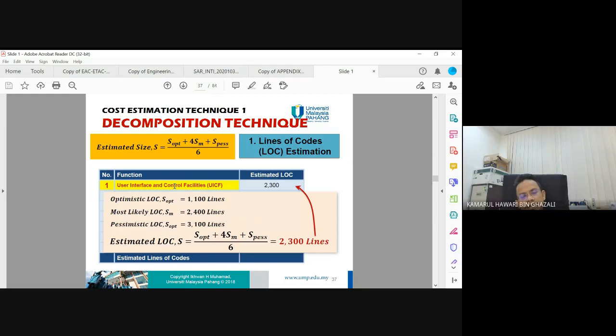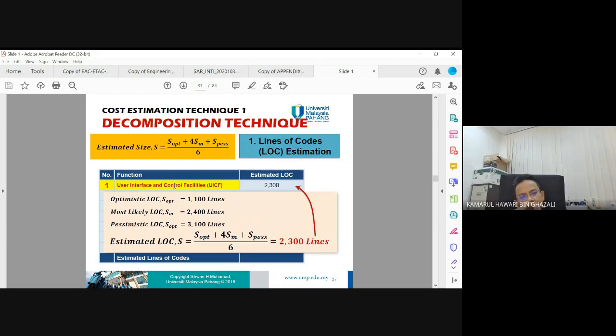Estimated size, S equals S opt plus 4 S M plus S pess, divided by 6. So for function 1, we can estimate the LOC.